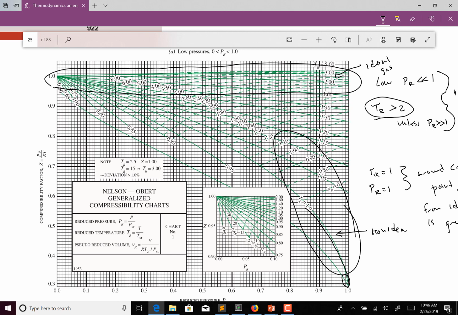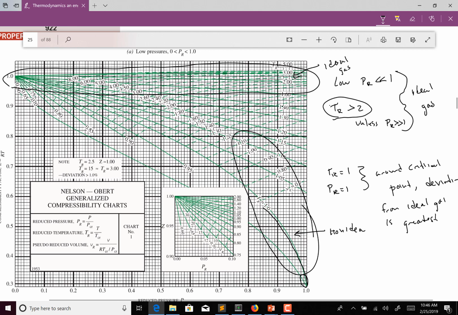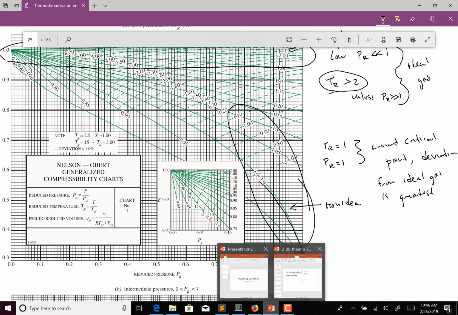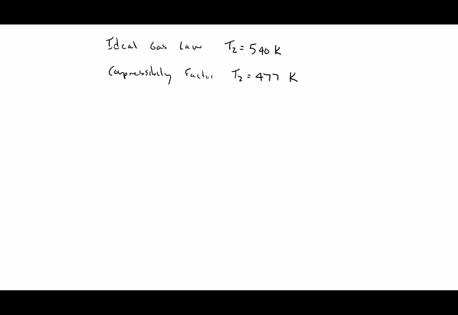So let's look at what we have. Going back to slides. So at state 2, our reduced pressure was equal to 2.16, and so this is a pretty high pressure.